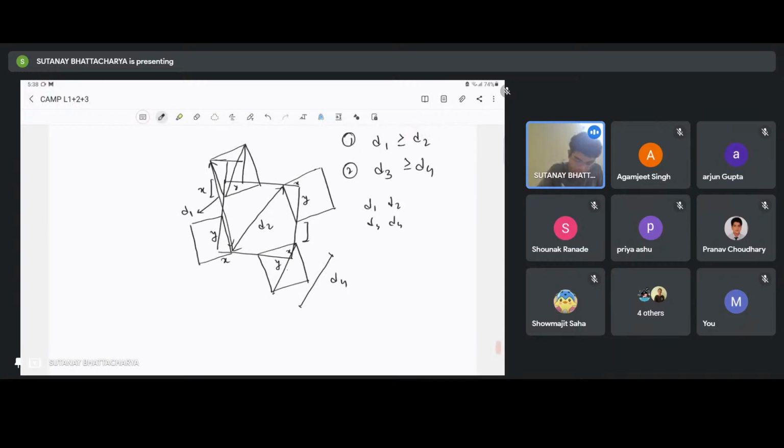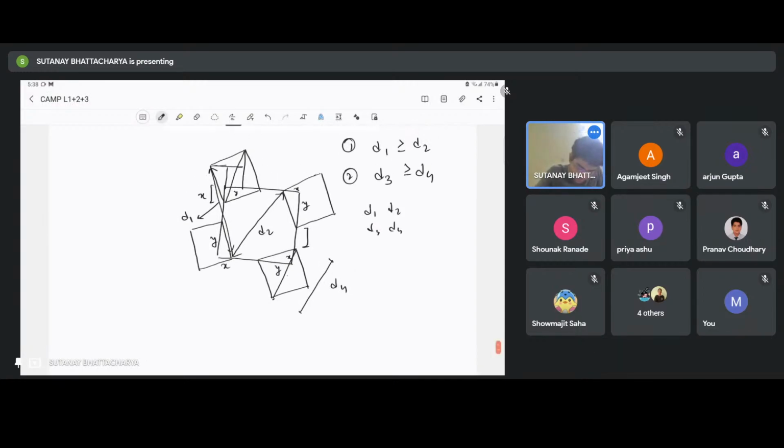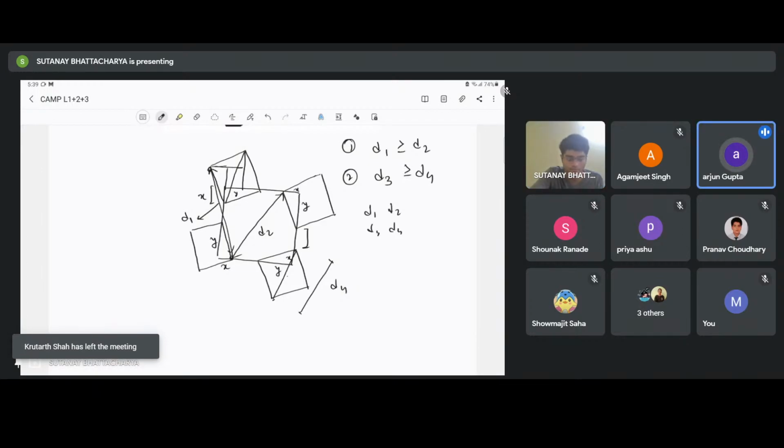D1 is the distance between this point and this point. How should we go about calculating that? Maybe we don't calculate its exact value; we just want to prove it's greater than D2.